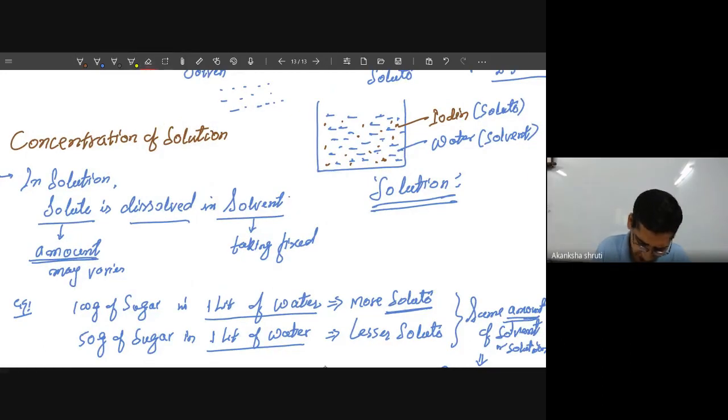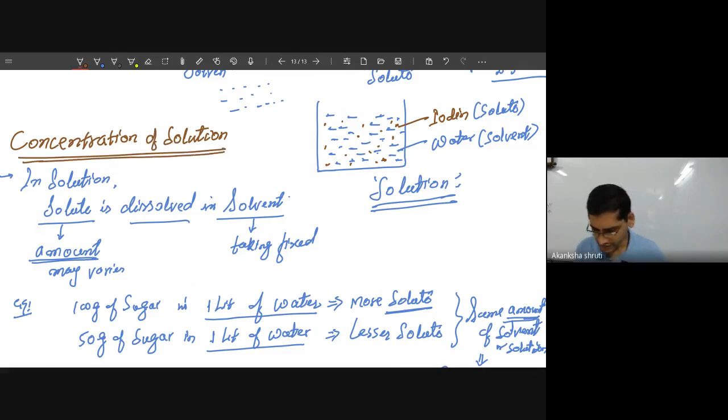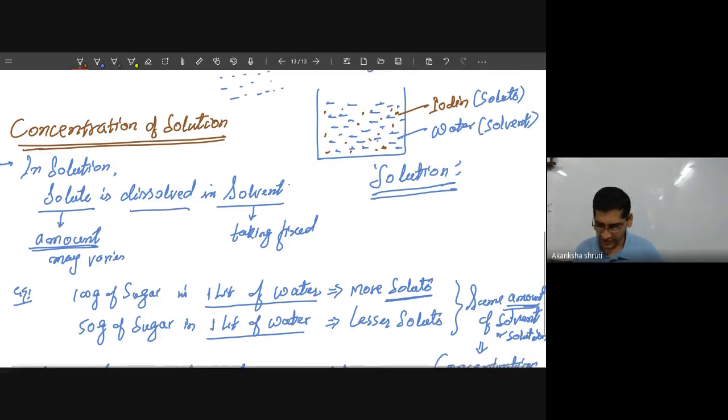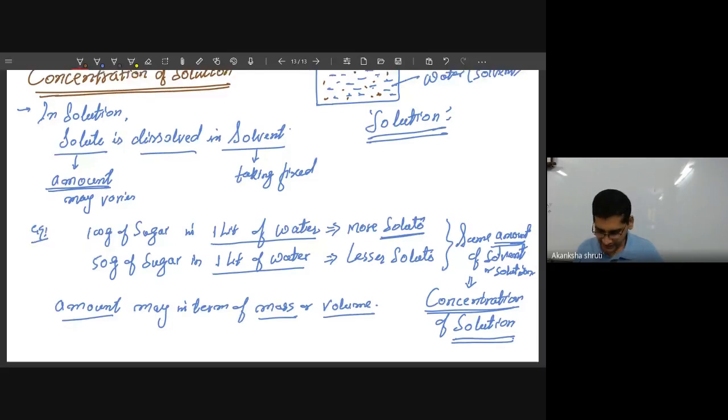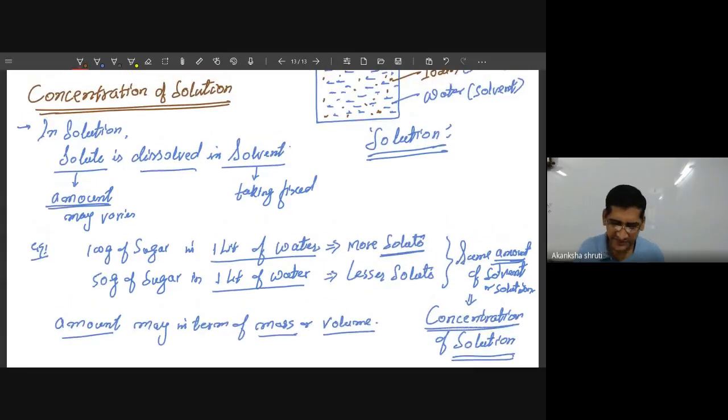So what is this concentration of solution? Everything we are going to write once more on our next page. Students, any doubt, then please ask. Otherwise I will go ahead defining the concentration of solution.